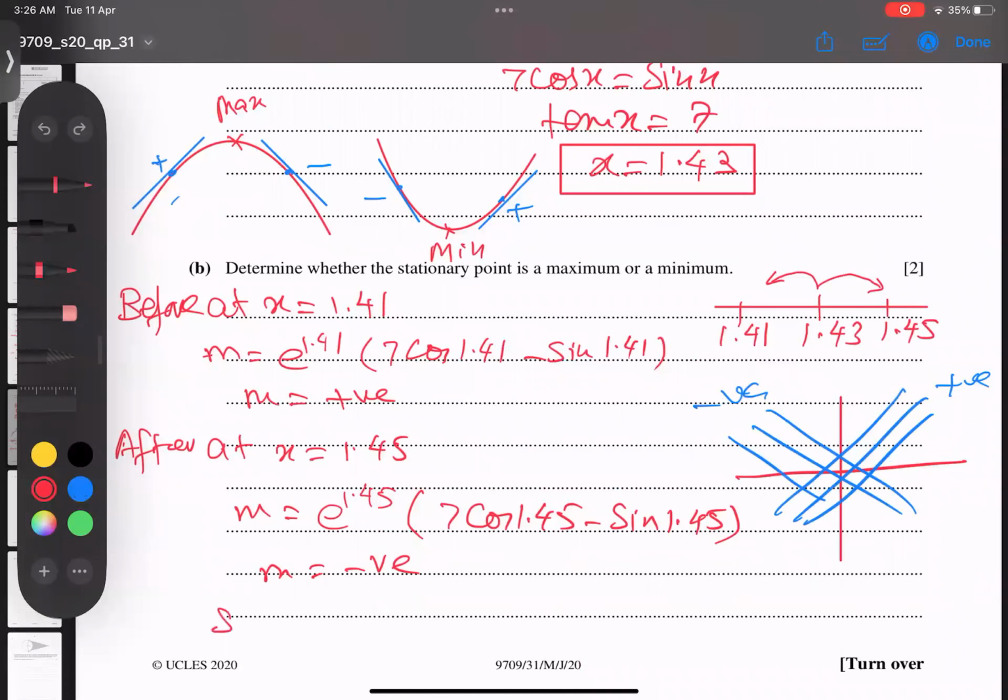Take negative common from the top, so I get (1 plus sine x) over (1 plus sine x) whole squared, and so this is fully cancelled. So I finally get negative 1 over (1 plus sine x).